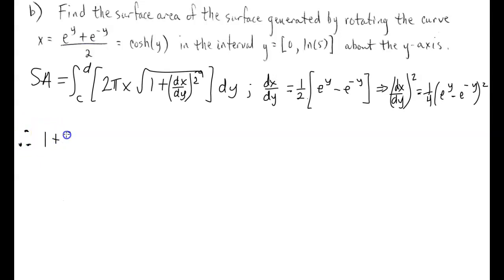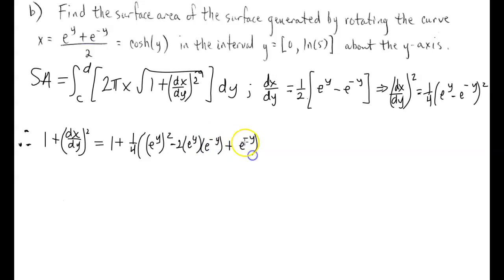we'll have 1 plus the derivative of x with respect to y quantity squared. That will just be 1 plus 1/4. And then we'll go ahead and multiply out this e to the y minus e to the negative y quantity squared. And this will be e to the y squared minus 2 times e to the y times e to the negative y. And then we'll add e to the minus y quantity squared.